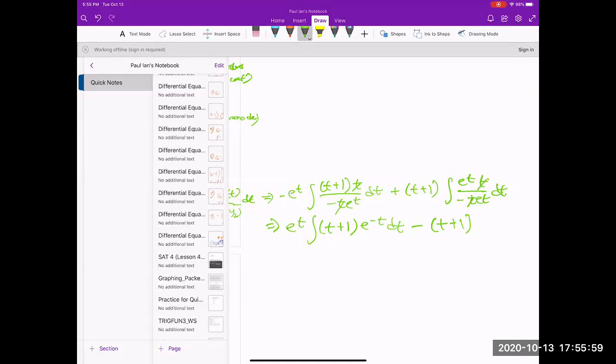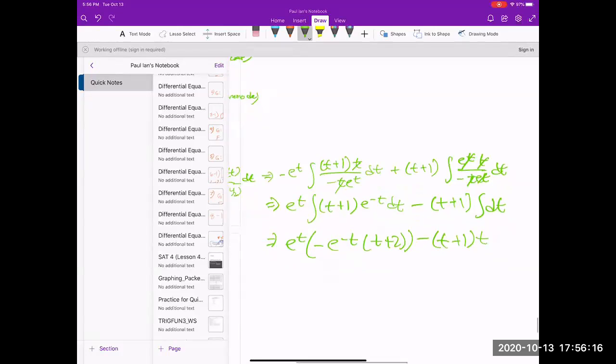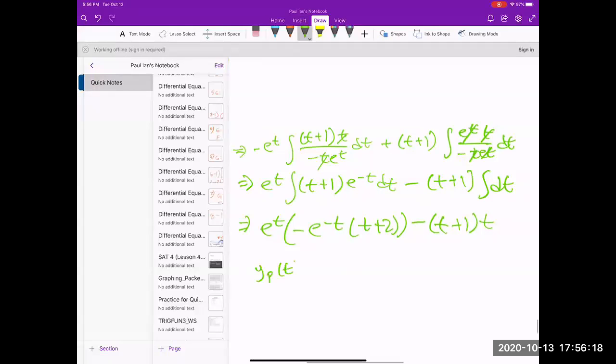This cancels out with this guy. This is going to be dt, right? This guy cancels with that guy. e^t minus e^(-t) plus 2 minus (t plus 1) times t. So y_p(t) equals minus t squared, 2t minus 2.